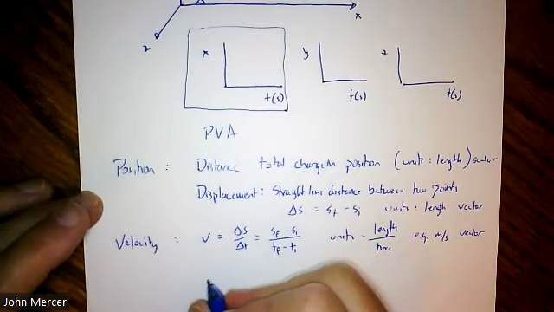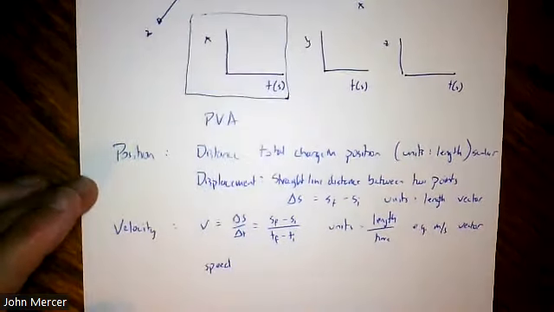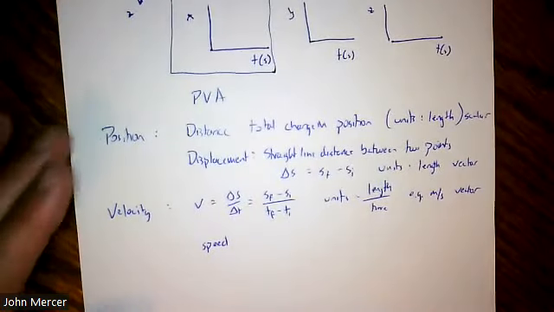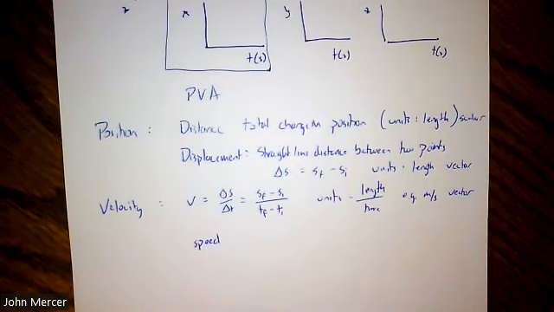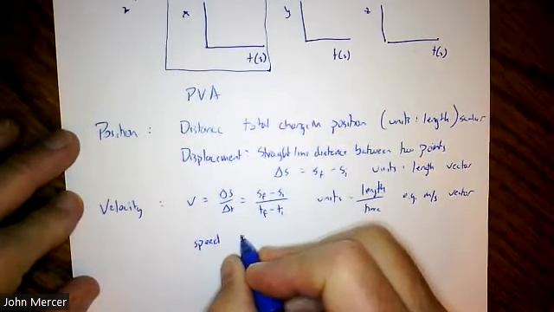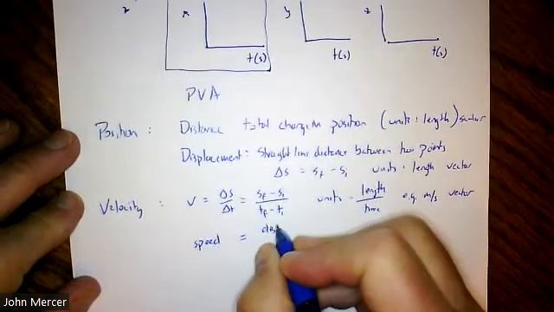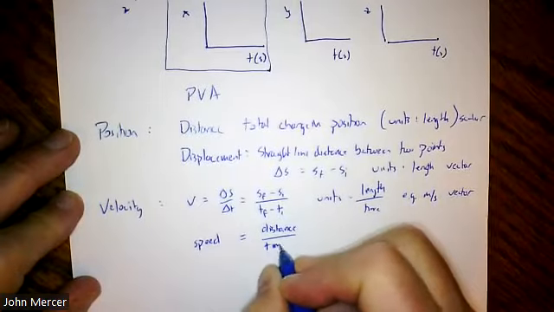And our other parameter that's very closely related to velocity, in fact, if you're in a physics class, an instructor may actually say speed is the magnitude of the velocity vector. And that's fine. But typically in our area, we just provide the equation for speed being distance over time.